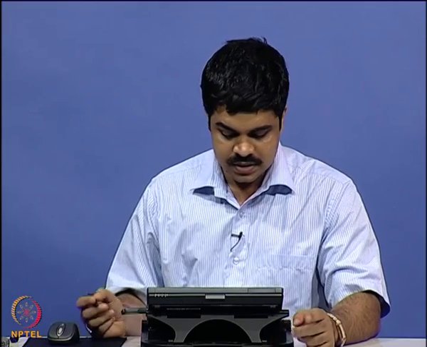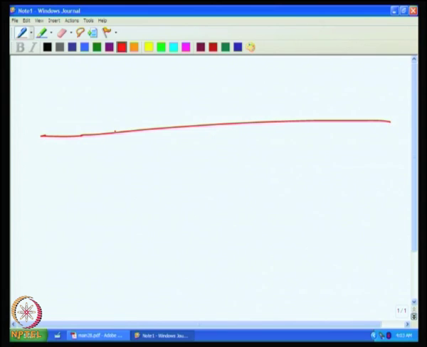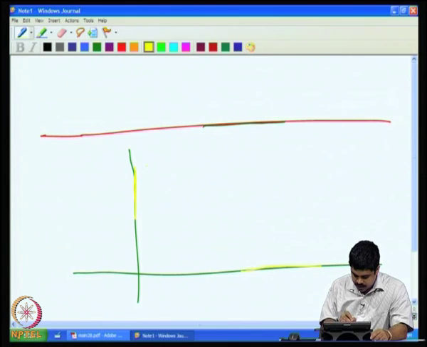because axis parallel rectangles can be seen as two dimensional intervals. An interval is like this. So, if you had two dimensions and you consider an interval here and an interval here, a combined effect is this rectangle, right.